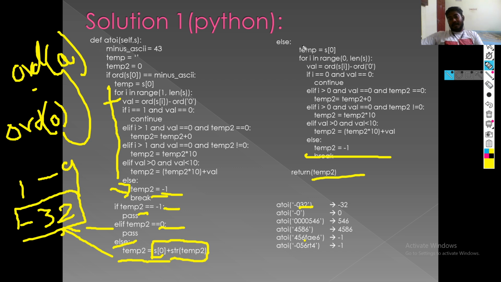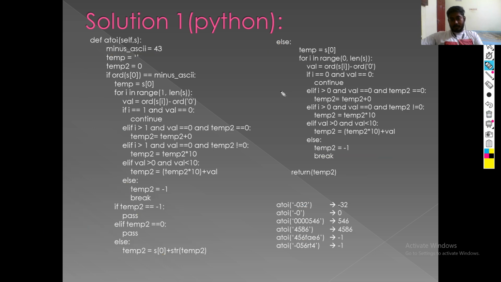The reason why I am adding this is, if the first value doesn't contain any minus value, we are using this statement. You can also take a look at this particular code, which we have already spoken about in this place. Yeah, this is how implementing the atoi statement works, and this is solution one.